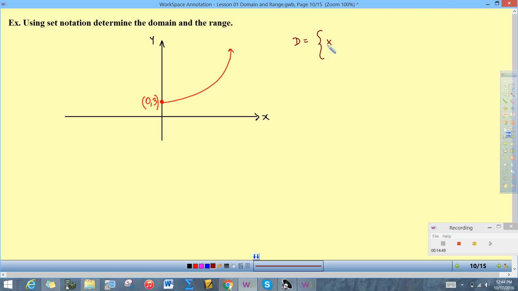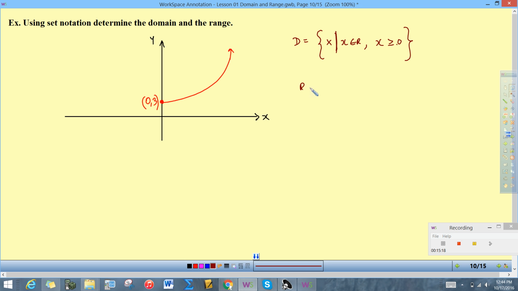And I say, it's a solid line, so x is an element of R, such that, where, now let's see what happens. Our x is starting at 0, and then it seems to be going on to infinity. So I can just say that x has to be greater than or equal to 0, because that implies that it's going to be going on forever after 0.